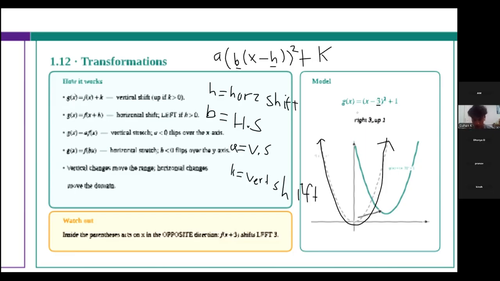So going right 3, and then plus 1 is just up 1. So it goes from 0, 0, and then since we're adding 3 to that, 0 plus 3 becomes our x value, and then 0 plus 1 becomes our y value. So our new vertex is at 3, 1.